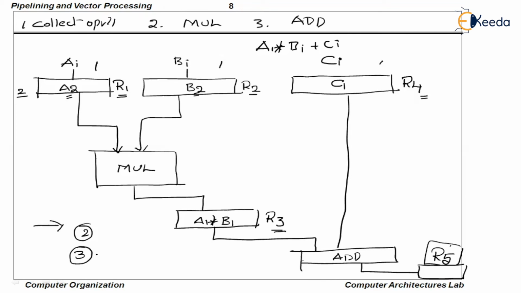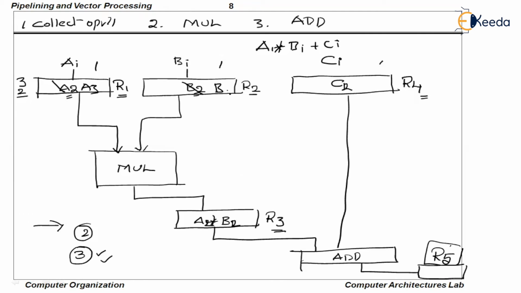At the same time, in the third clock cycle, R3 will have A2 into B2. Okay. Same time, in the third clock cycle, R4 will have C2. In the third clock cycle, as R1 and R2 are also free, they will get A3 and B3.